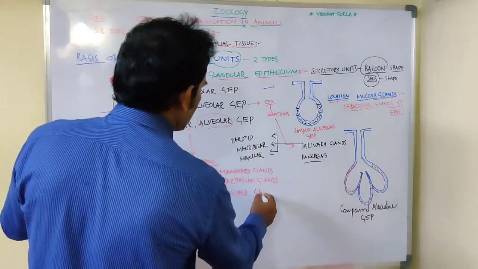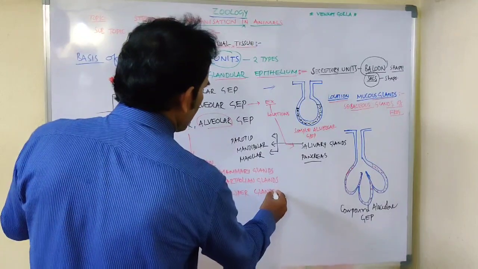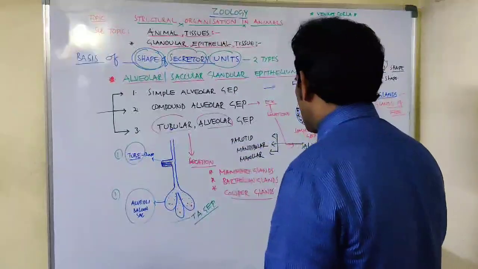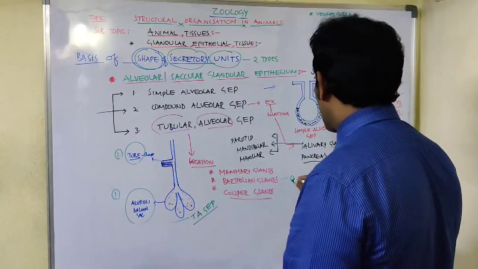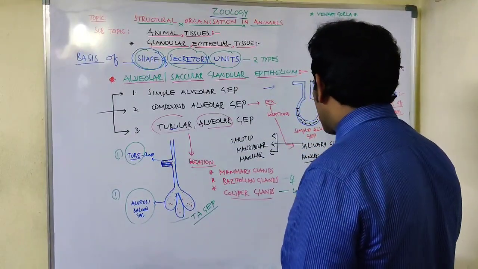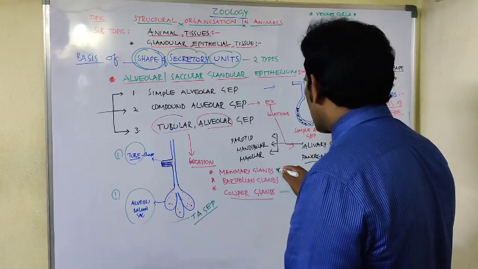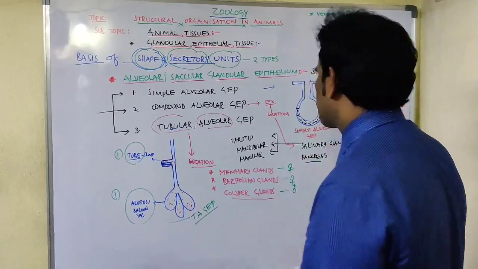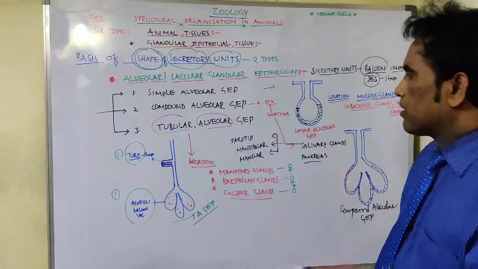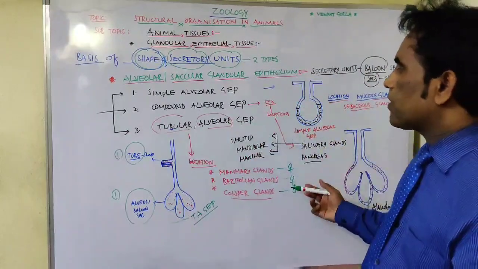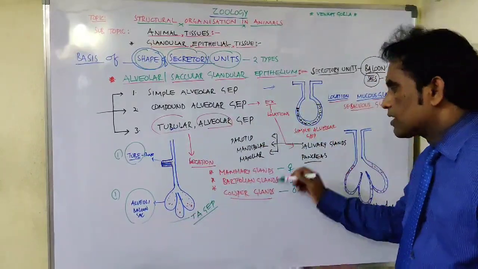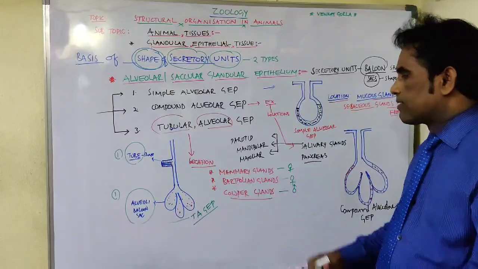Cowper glands are found in males and Bartholin glands are present in females. The mammary glands are again present in females. So these are the locations of tubular alveolar glandular epithelium: mammary glands, Bartholin glands and Cowper glands.